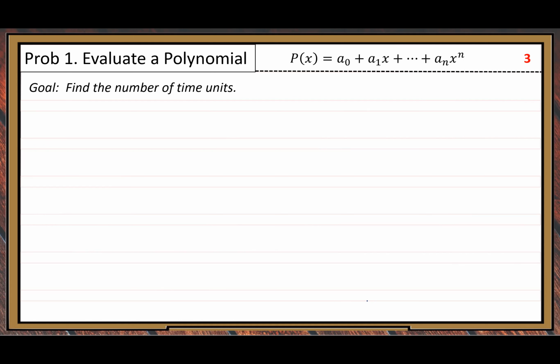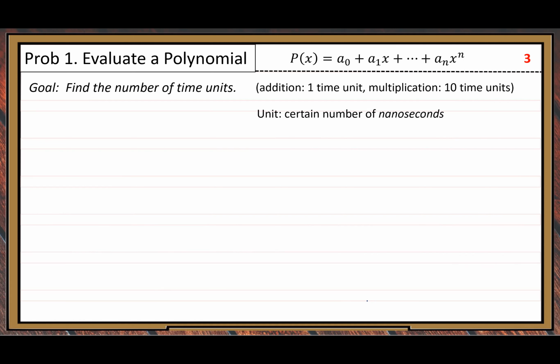Now our goal becomes finding the number of time units. Addition, 1 time unit, multiplication, 10 time units. Let me give you a little more information about the time unit here.